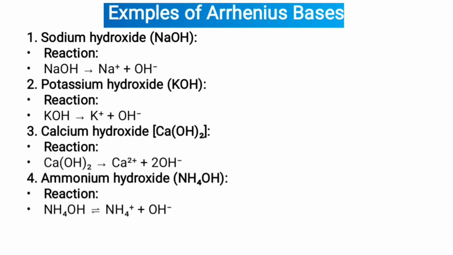Examples of Arrhenius bases. First one, sodium hydroxide, NaOH. The reaction is NaOH gives Na+ ion plus OH- ion. Second one, potassium hydroxide, KOH. The reaction is KOH gives K+ plus OH- ion.